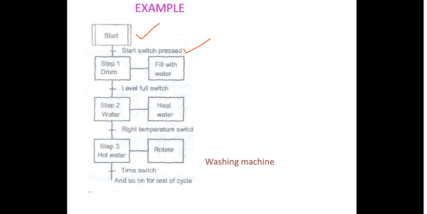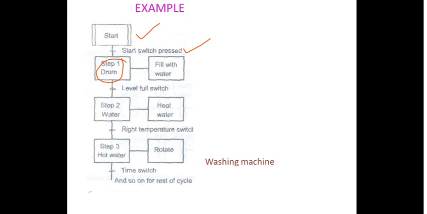So now this point, that is, fill with water. If you want to make the drum filled with water, you should have some water input here and maybe a kind of switch. Maybe it is the tap in this particular case. Okay, so now I need to fill the water.